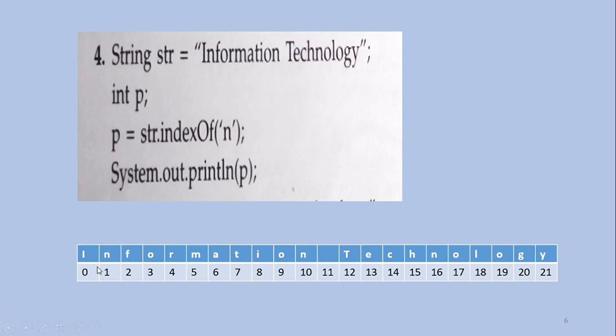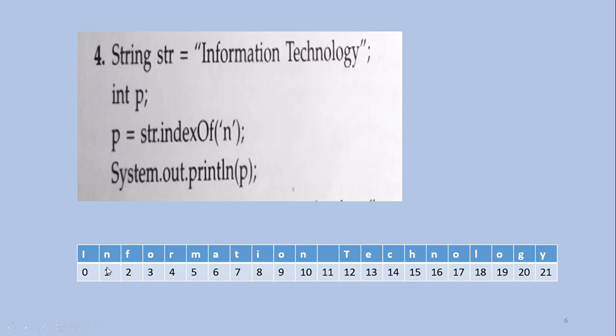And one more easy method to score marks in your section A questions is, whenever a string is given, whenever index of questions like that are given, the best thing is in your rough column, you can draw like this and mark the index numbers. So it is the correct method for you to get the perfect answer. Clear?